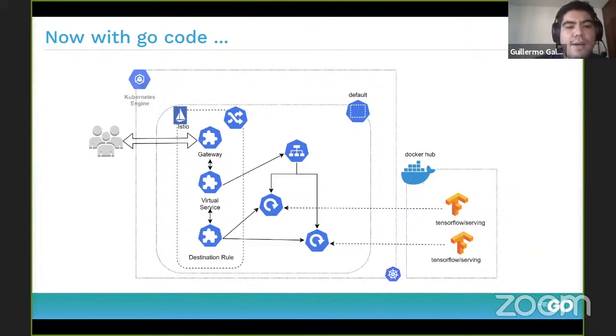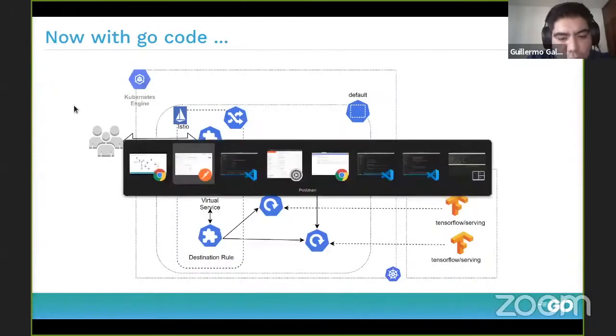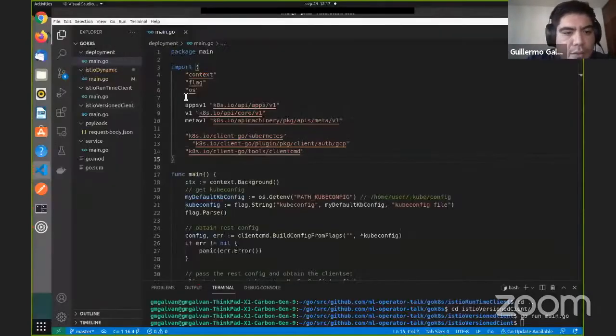For that, I'm not going to use YAML files. We are going to go directly to the Go code. In that way, I'm going to show you how to use that package. Sorry. So let's go through the code here.